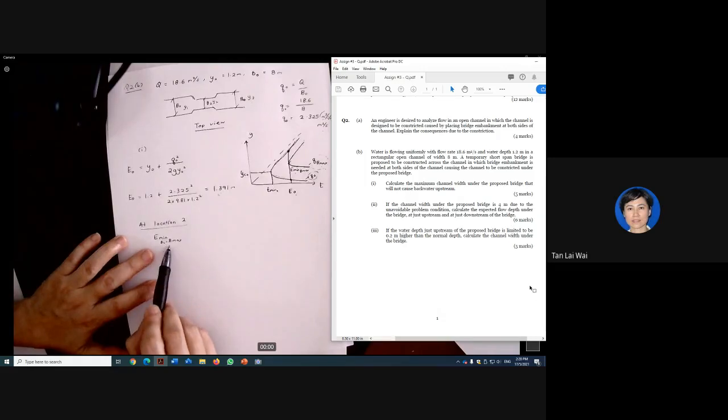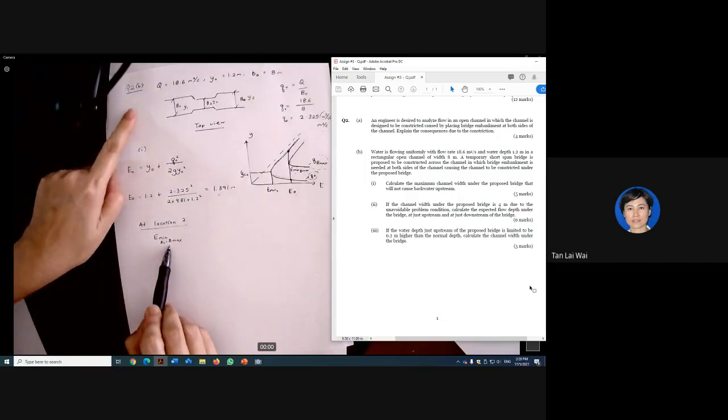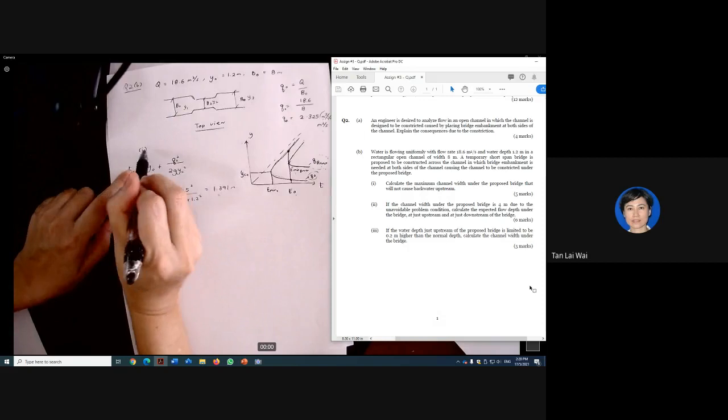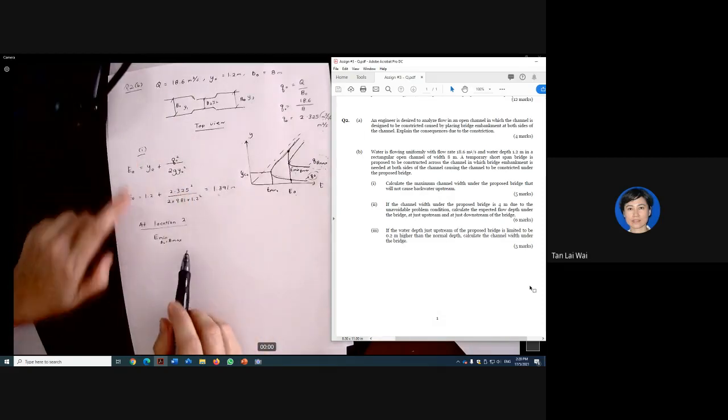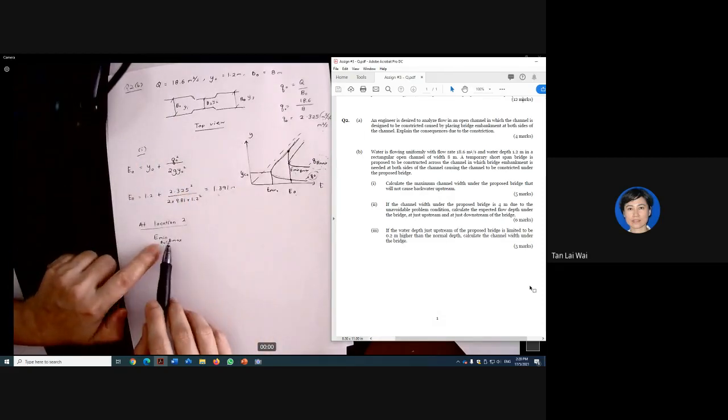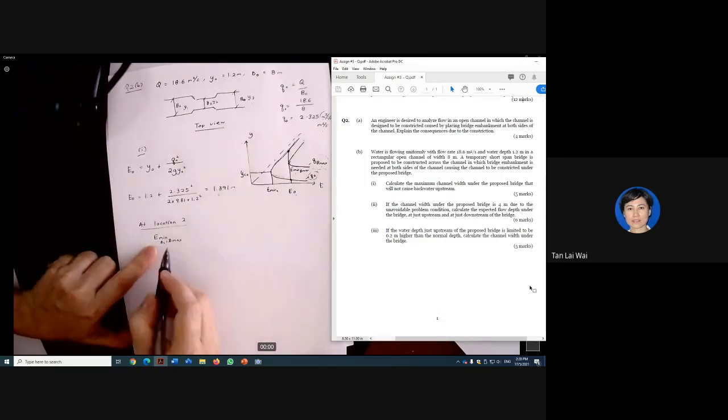I know it's at location 2 because you are solving for this question, so I know B2 is B max. You can give me E min 2, as long as you get it correct. I purposely write here that B2 equals B max because I just want you to understand further.